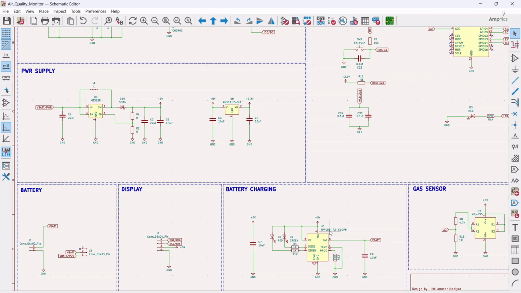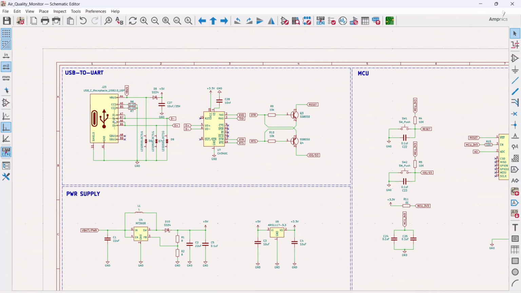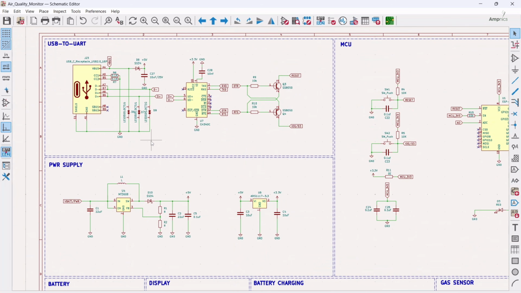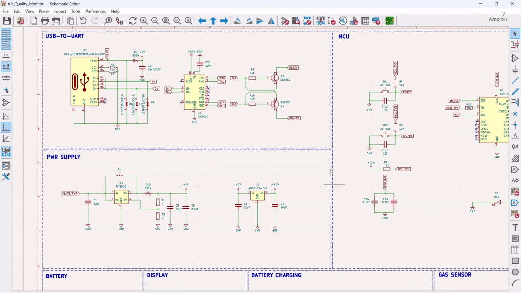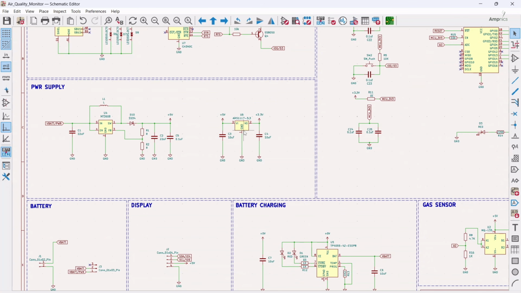Okay, this TP4056 is connected with the USB. So this is the USB to UART converter for programming and debugging, and this USB is responsible for providing the energy to the controller and battery.